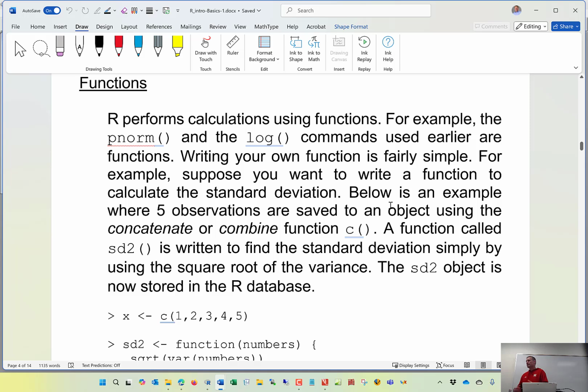So as I've said here, R has these functions that allow you to do various calculations. You can write your own function to do some of this stuff too. So let's say I want to write a function that calculates the standard deviation of a set of numbers. There's already a function in R called SD that does that, but let's write our own function.